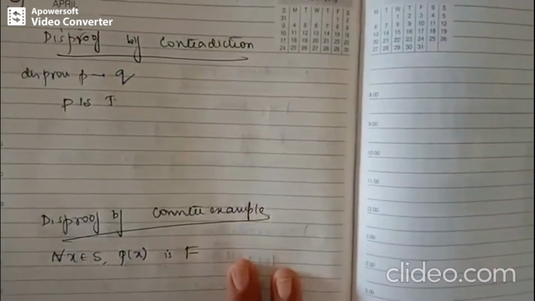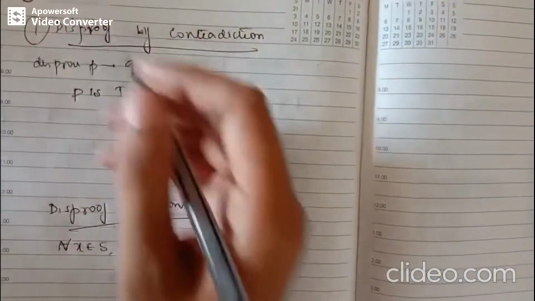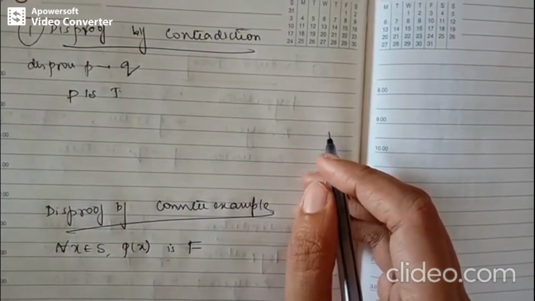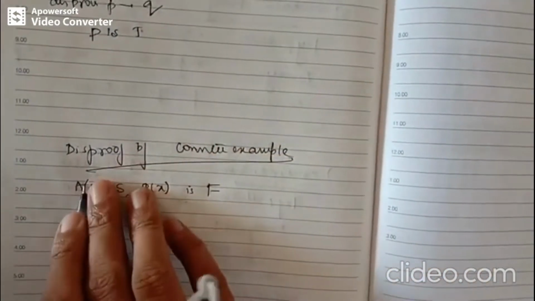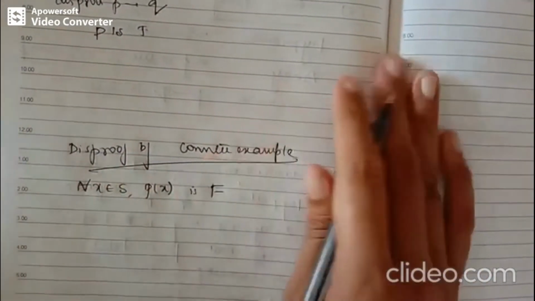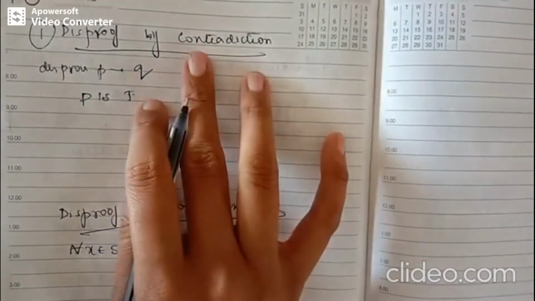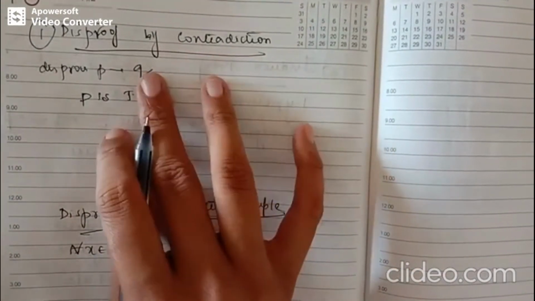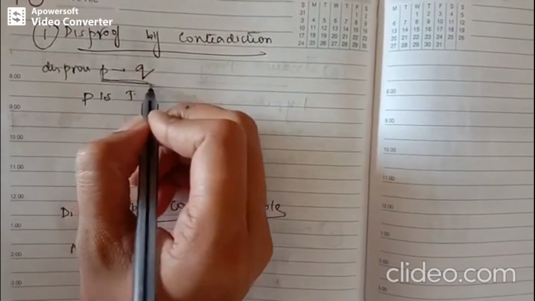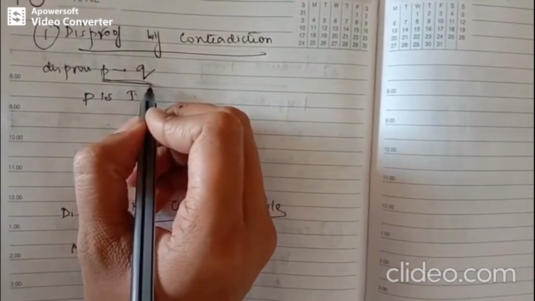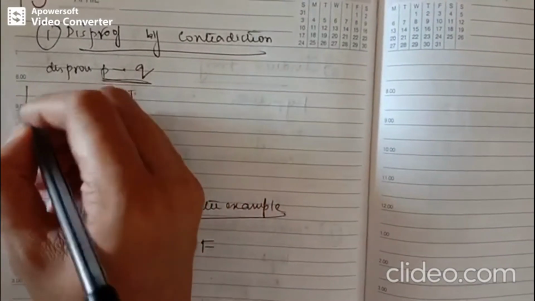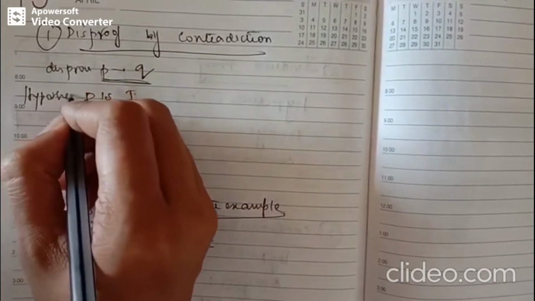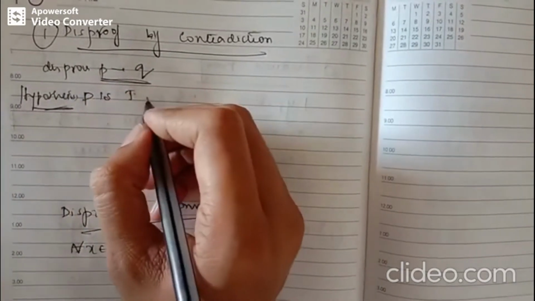So in the disproofs, we have got two methods. One is disproof by contradiction and the other is disproof by counter example. So in the disproof by contradiction, we are supposed to disprove the conditional P implies Q. So for this purpose, we assume the hypothesis. So how can we disprove the conditional?